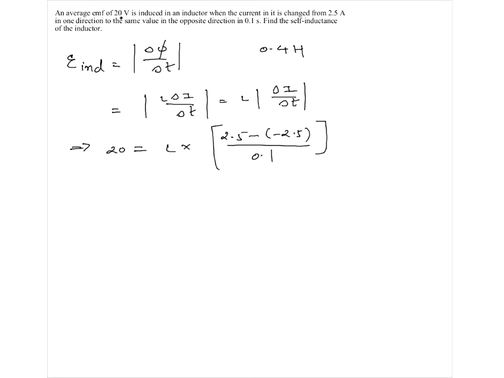An average EMF of 20 volt is induced in an inductor when the current in it is changed from 2.5 amps in one direction to the same value in the opposite direction in 0.1 second. Find the self-inductance of the inductor. When you reverse the direction of current, then delta I will become 2 times.